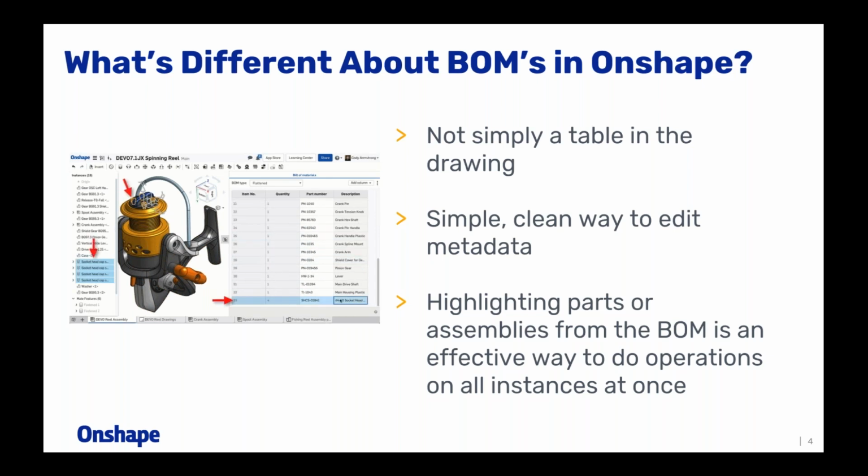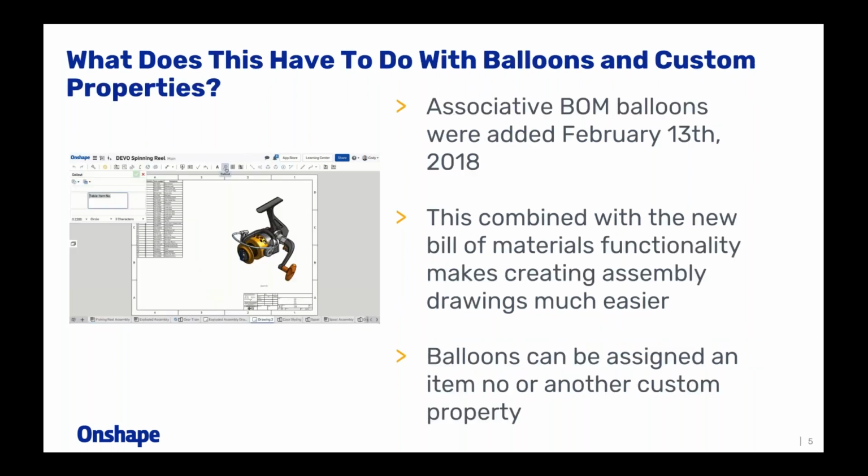You can do things like exclude from BOM, edit the metadata, those types of things, and at a glance get a good idea of where your design is, even with things like state, very easily. So it's a neat way to interact with your assemblies. That's the key thing that I would highlight: it's not just a table in your drawing. It's something to work with at your assembly level.